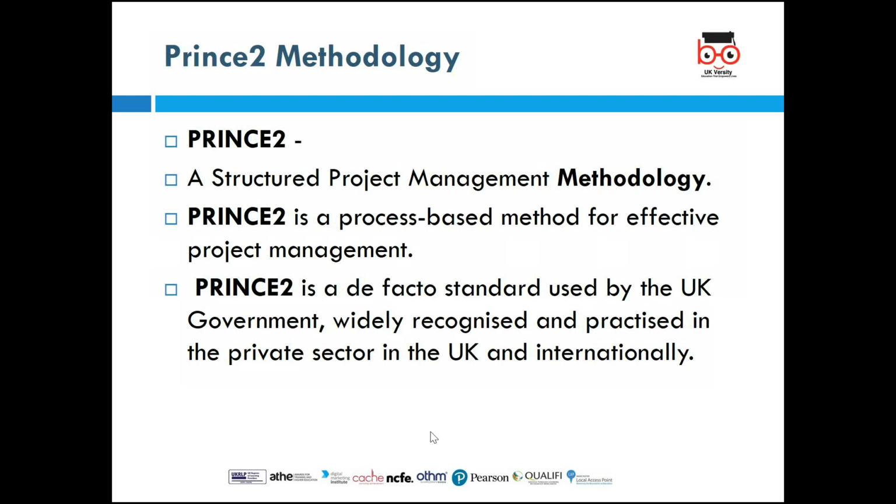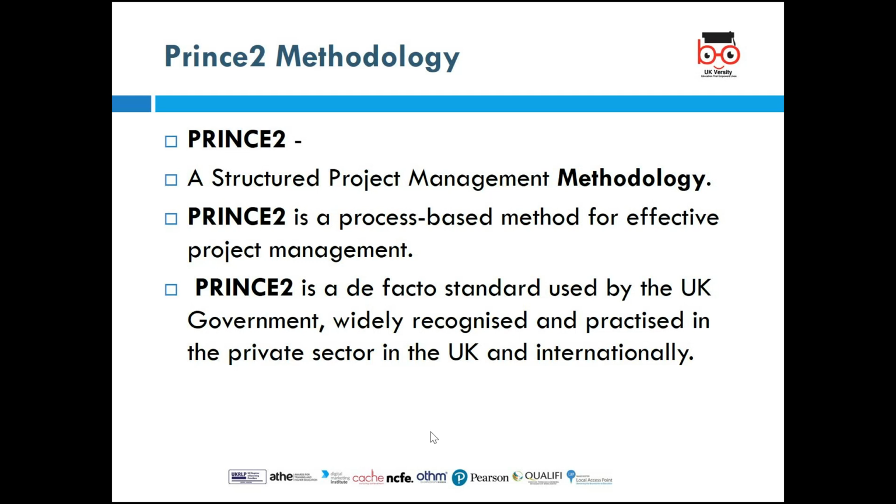Let's look at the second approach, which is Prince 2, one of the popular approaches to project management. Now, Prince 2 is a structured project management methodology. It's a process-based method, which is quite effective for project management. So unlike the traditional method, Prince 2 is process-based.